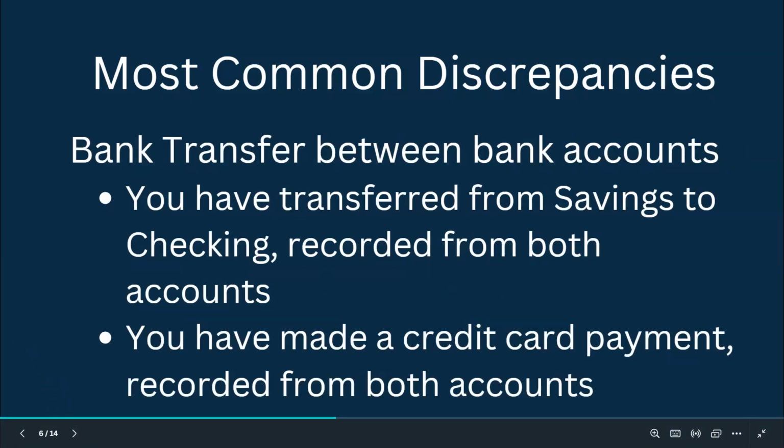And this is an interesting one. Most people make a mistake on this one. It's a bank transfer between bank accounts. You have a transfer from savings to checking. You recorded it in the checking account, and then you went back to the savings account and recorded it again, so you have a duplicate transaction.